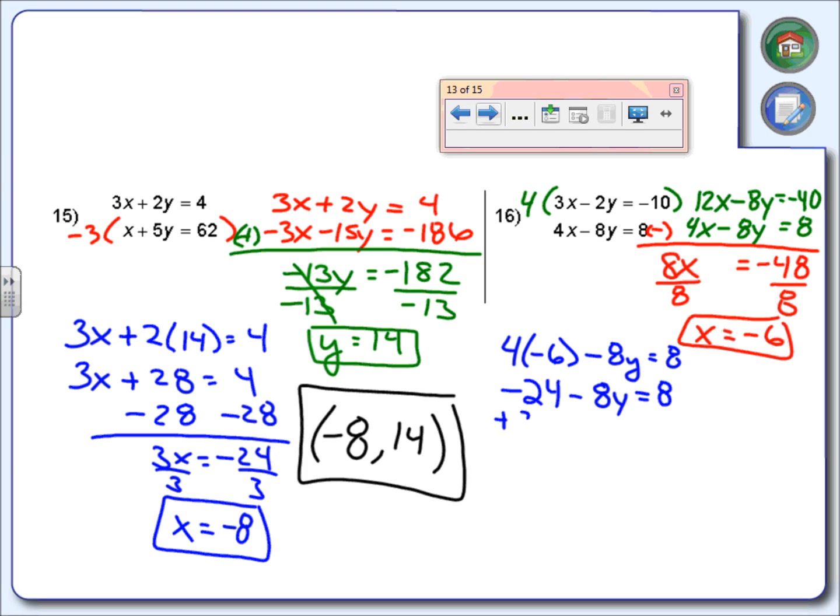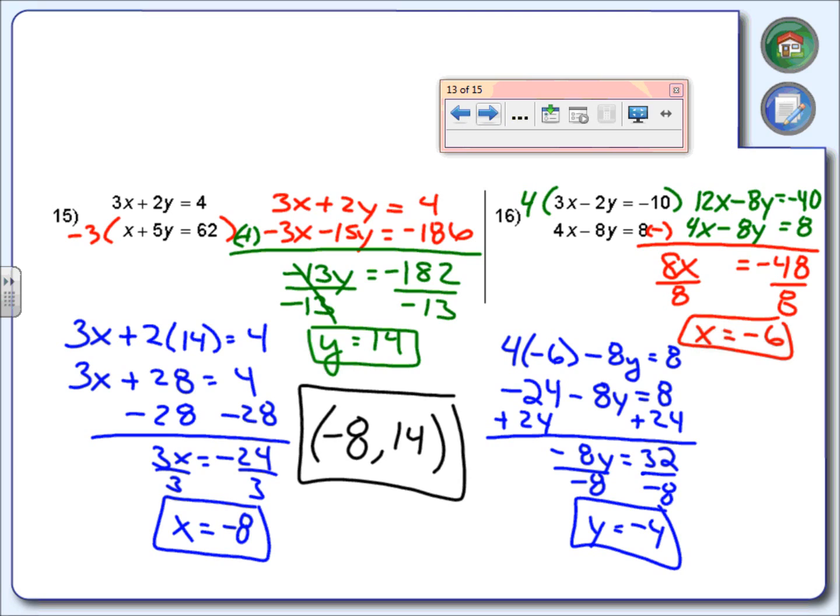Now I'm going to add 24 to both sides. So 8 plus 24 would be what? 32. And finally we can divide by negative 8. So 32 divided by negative 8 would be negative what? 4. Negative 4. So there's the other half of our answer.